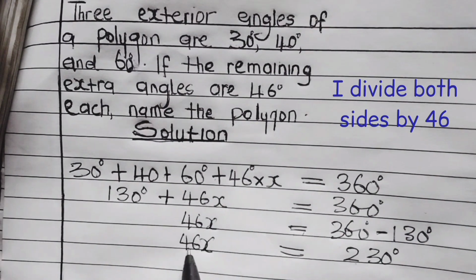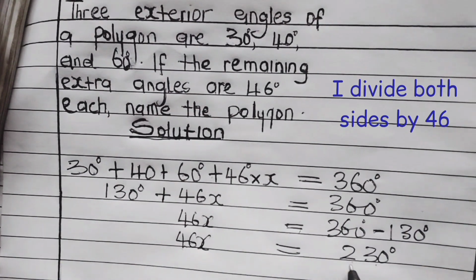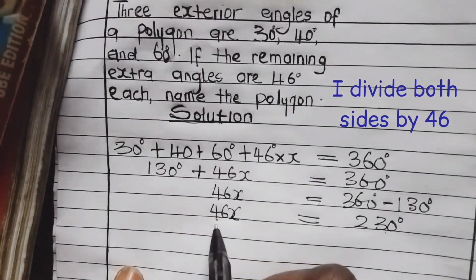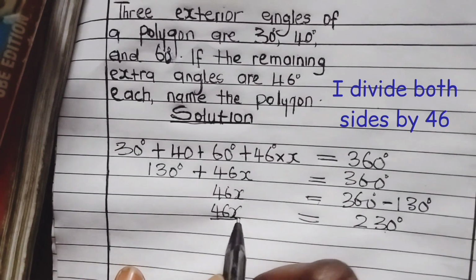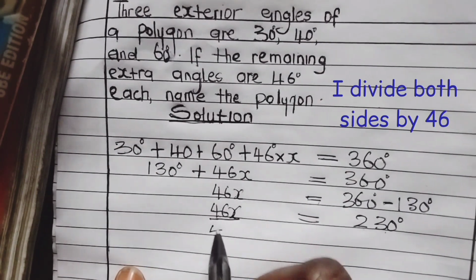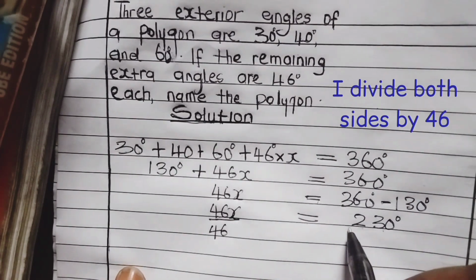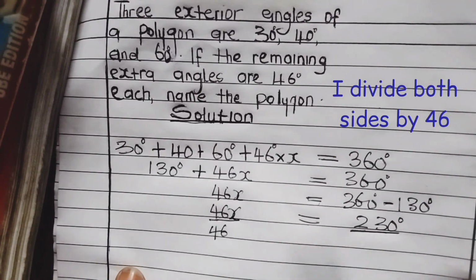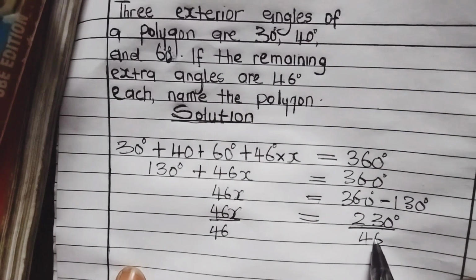I will divide both sides of this equation by the coefficient of x, which is 46. So 46x divided by 46 equals 230 divided by still 46.